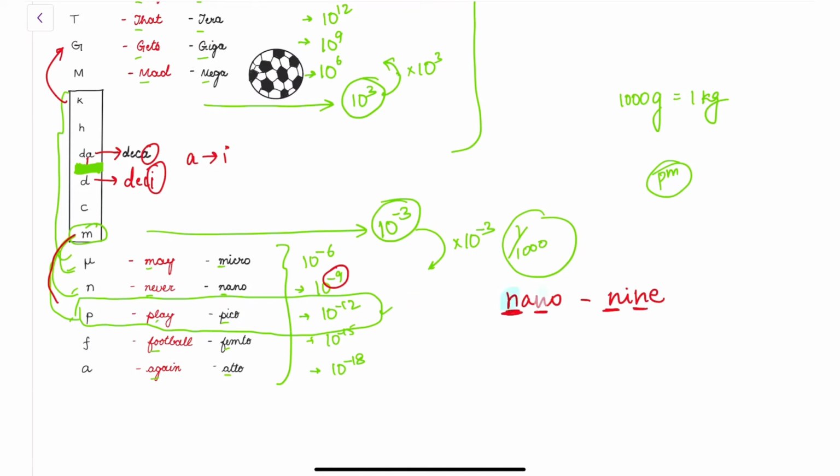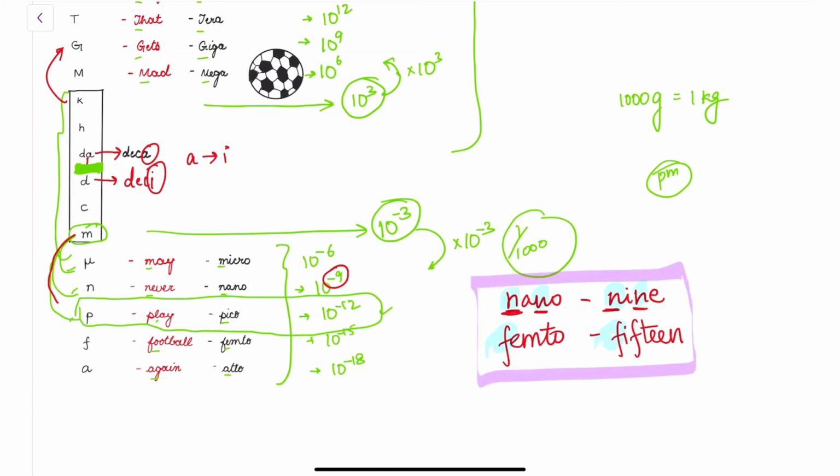Do you get the rhyme? Nano for 9. Coming to the next one, femto, for 15. The trick is F for F: femto 15. This is another trick which you could remember.